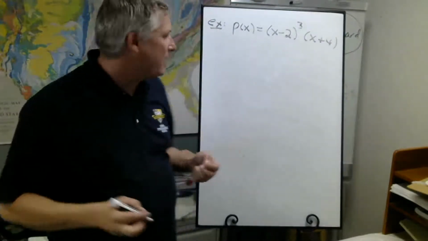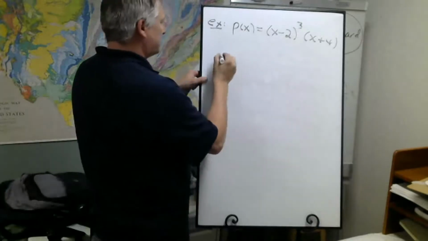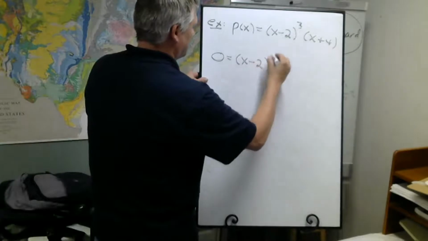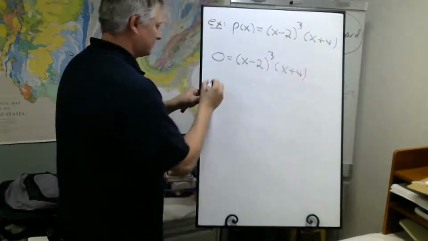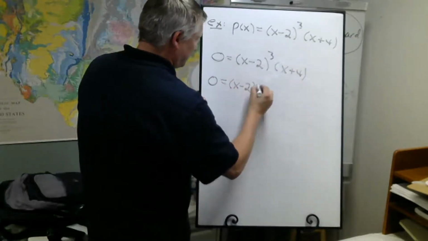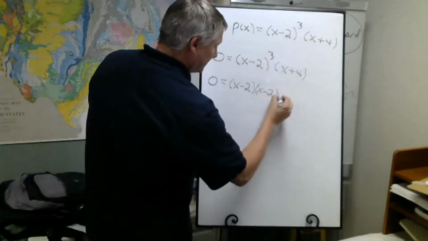If we expand this out, we have multiples of x minus 2. So if we were looking for the zeros, we have this. And you could rewrite this as 3 x minus 2s, all multiplied together.